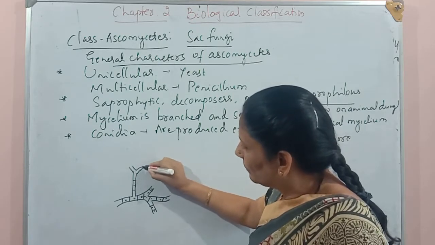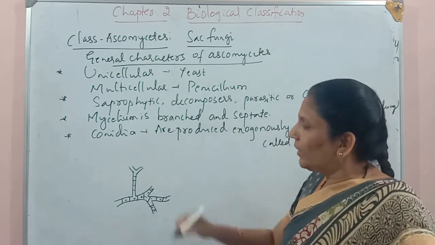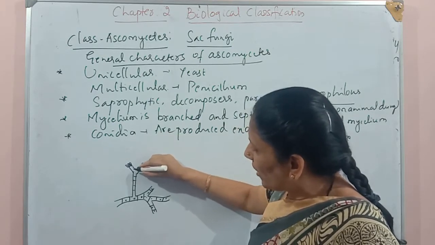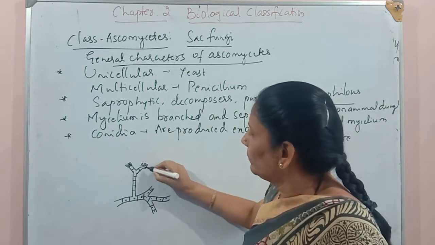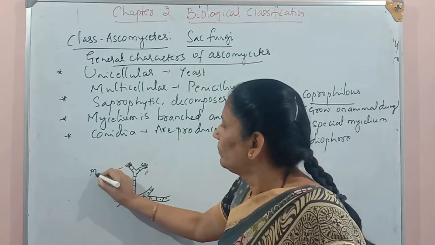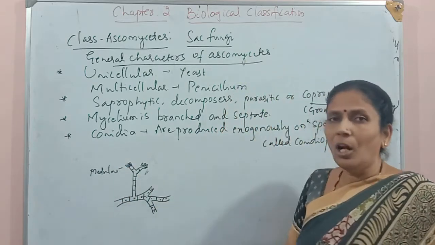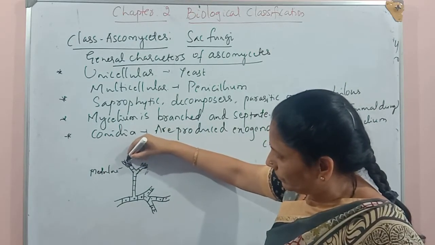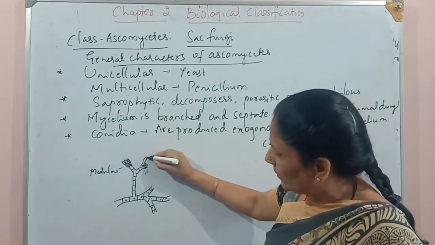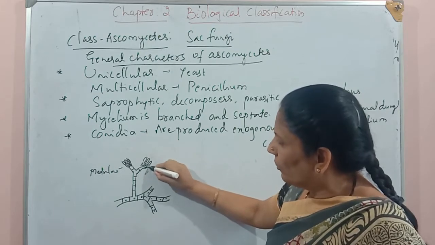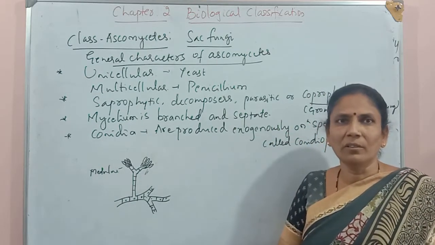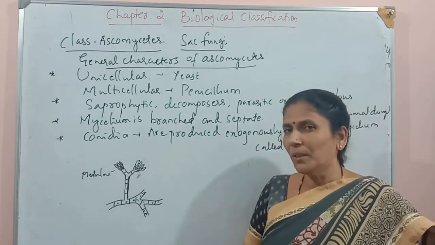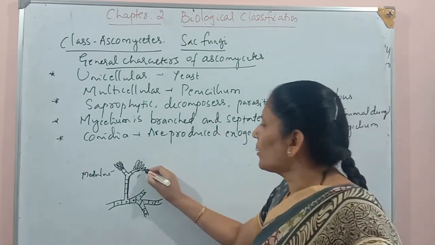And these branches again develop small branch-like structures, and these are called the metulae. Above these metulae there are somewhat bulged structures which look like metulae only. These are called the sterigmata.